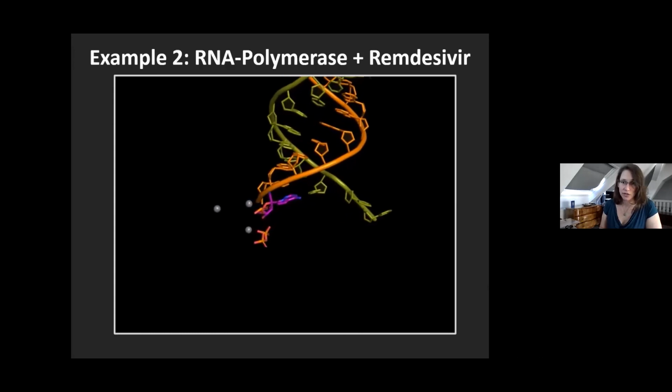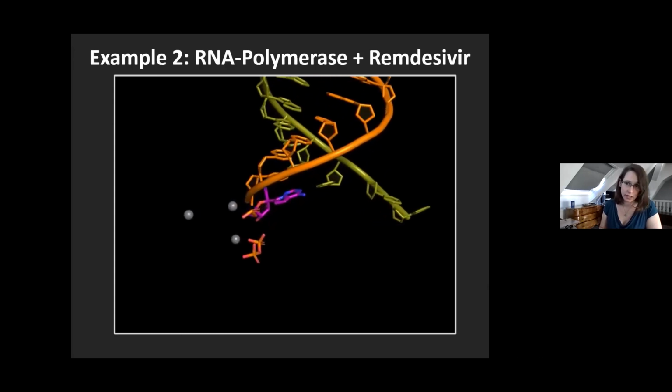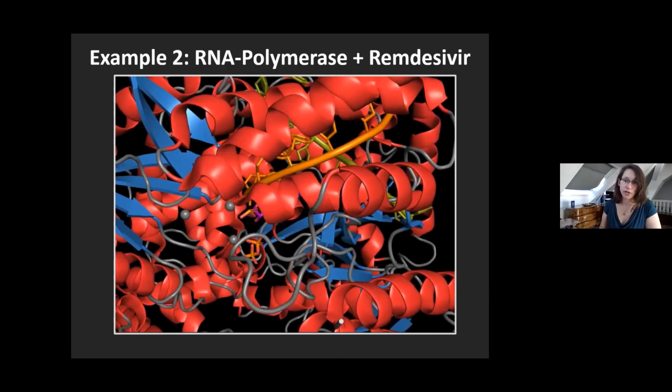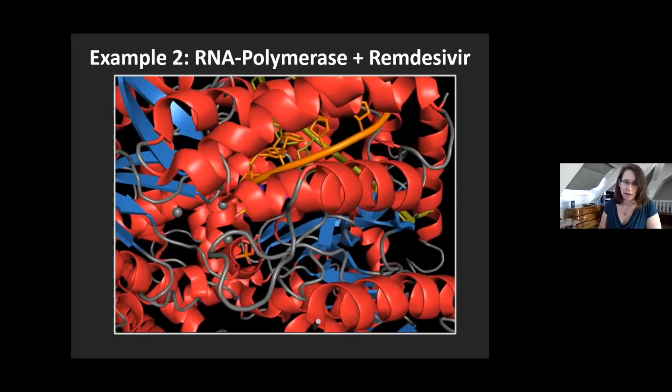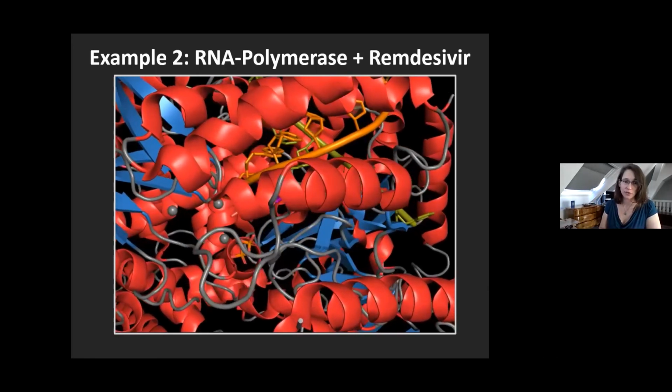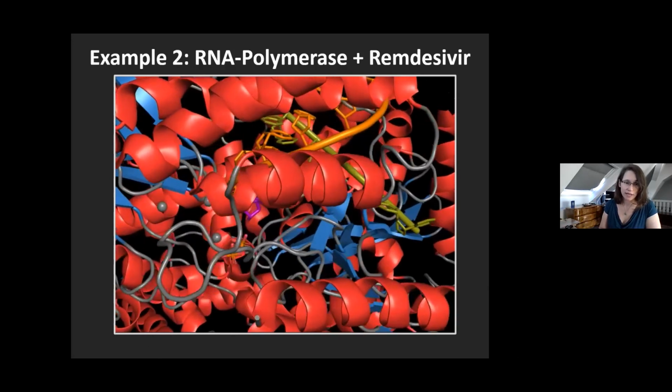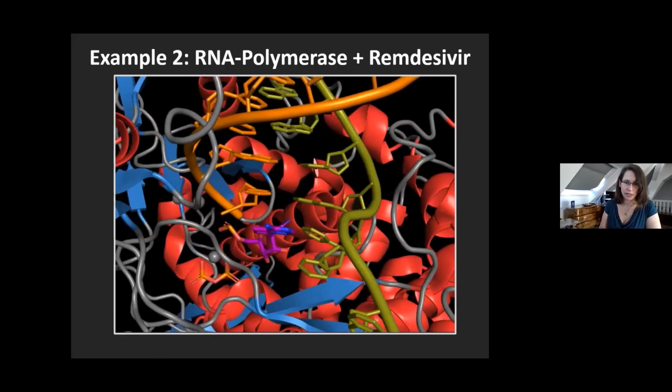Now in this structure, 2BV7, the authors originally had also included a diphosphate and 3 magnesium ions. And we were wondering how well they were supported inside the reconstruction density. Because if you show the entire protein, you cannot see very much, I'm rotating it here a little bit so you can see the remdesivir clearly, and also the magnesium ions and the diphosphate.